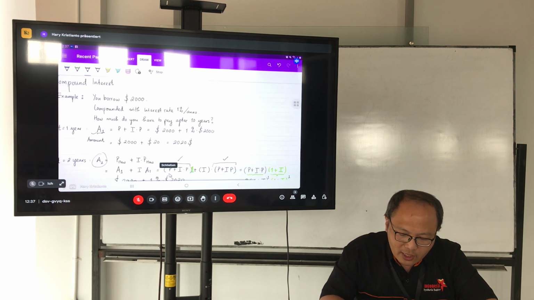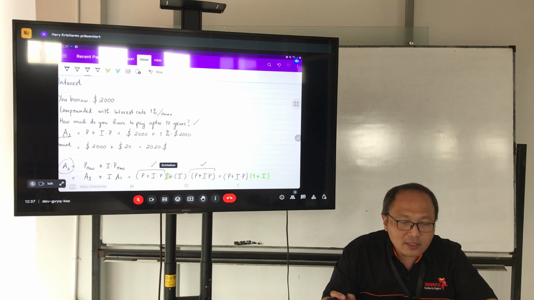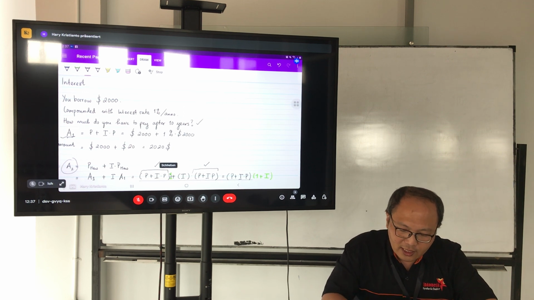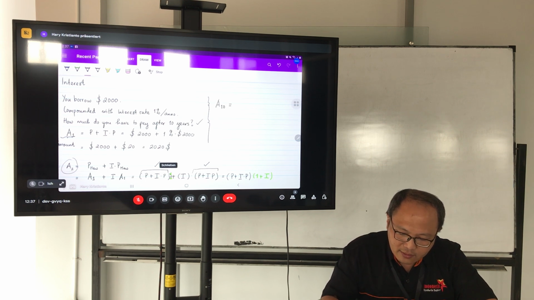How much money do you have to pay after 10 years? The answer will be totally easy. So you basically just need to pay A after 10 years. The principal times (1 plus I) to the power of 10. Correct?